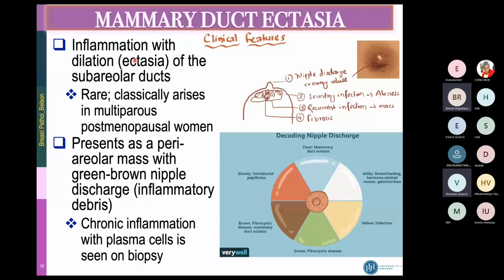Of course we have tumors, cancers, and benign tumors in young ladies, but this ductal ectasia we also see frequently. There will be a green-brown nipple discharge because of the inflammatory debris which comes out. Chronic inflammation with plasma cells is seen on biopsy.